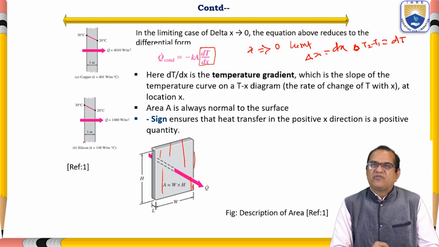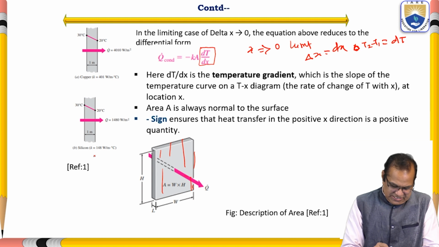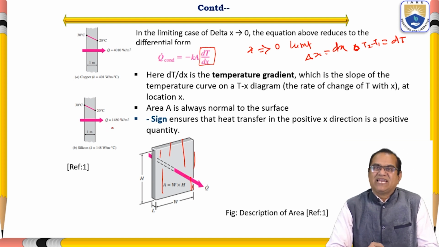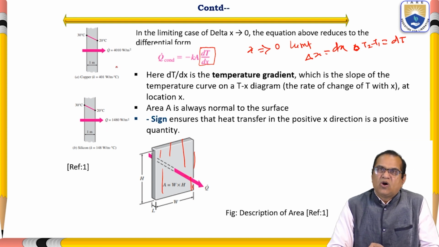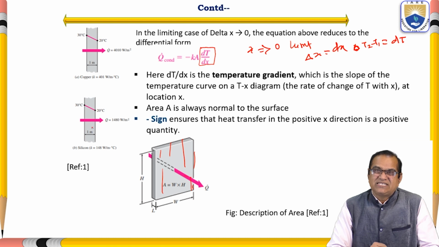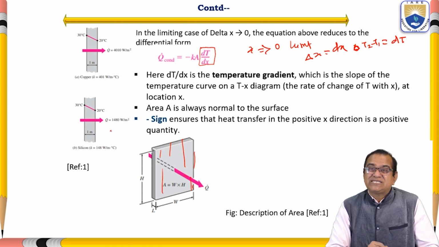And if another material is there, called silicon, K is equal to 148, then this heat transfer will be less. Here it is 4010 and here you have 1480 for the same thickness, but the material is different. So this K matters.